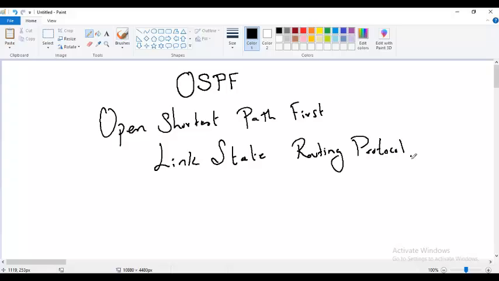So instead of using that information, you use a map. That's better for you. You will have multiple choices to pick. Same way, OSPF advertises the link information from every router to all other routers.